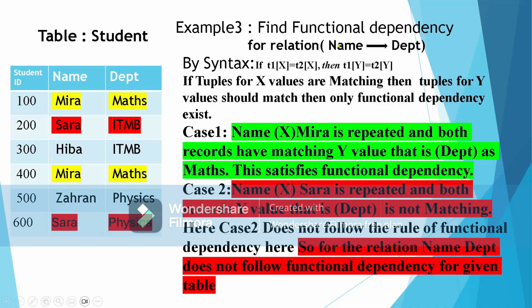Therefore, conclusion will be that for the complete table or the complete relation, the functional dependency name gives department does not exist. If either one of the records is not following the functional dependency, then the complete relation does not follow the functional dependency. Therefore, here functional dependency does not exist.